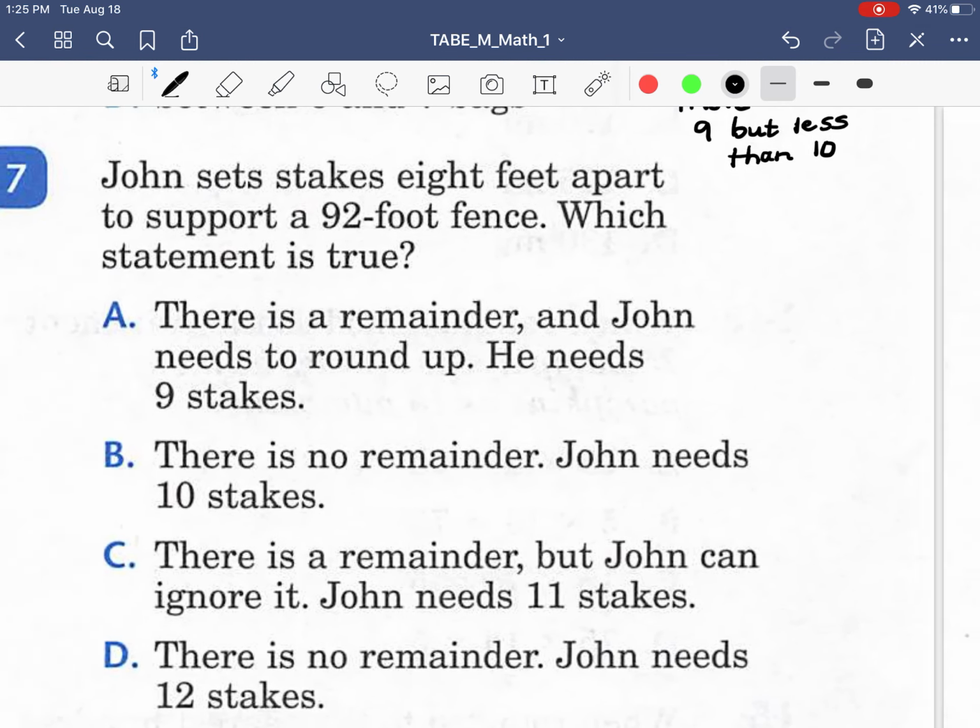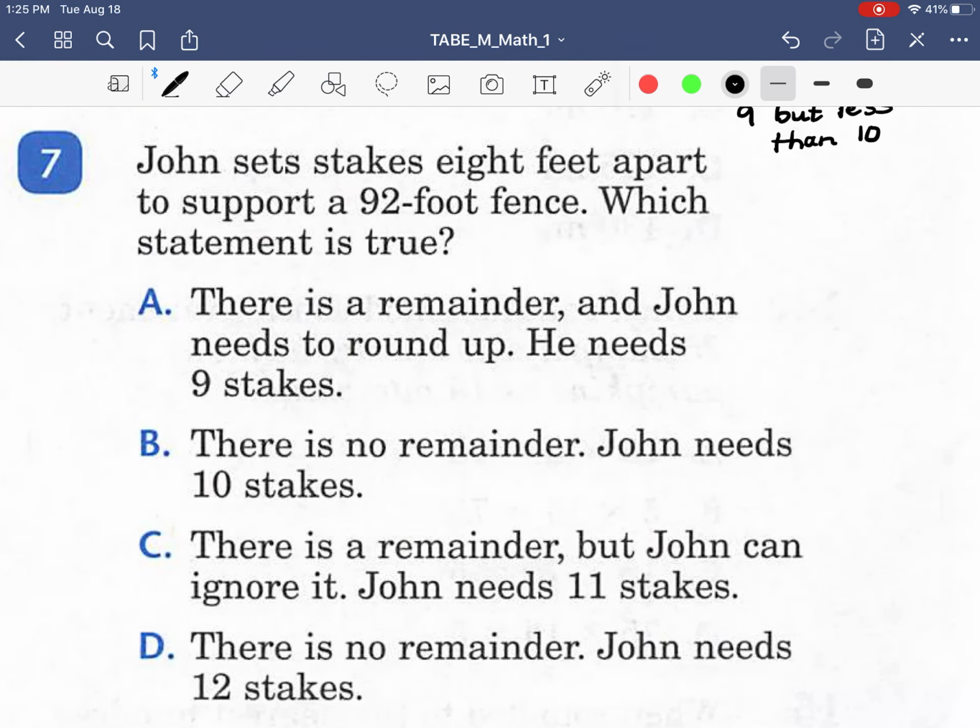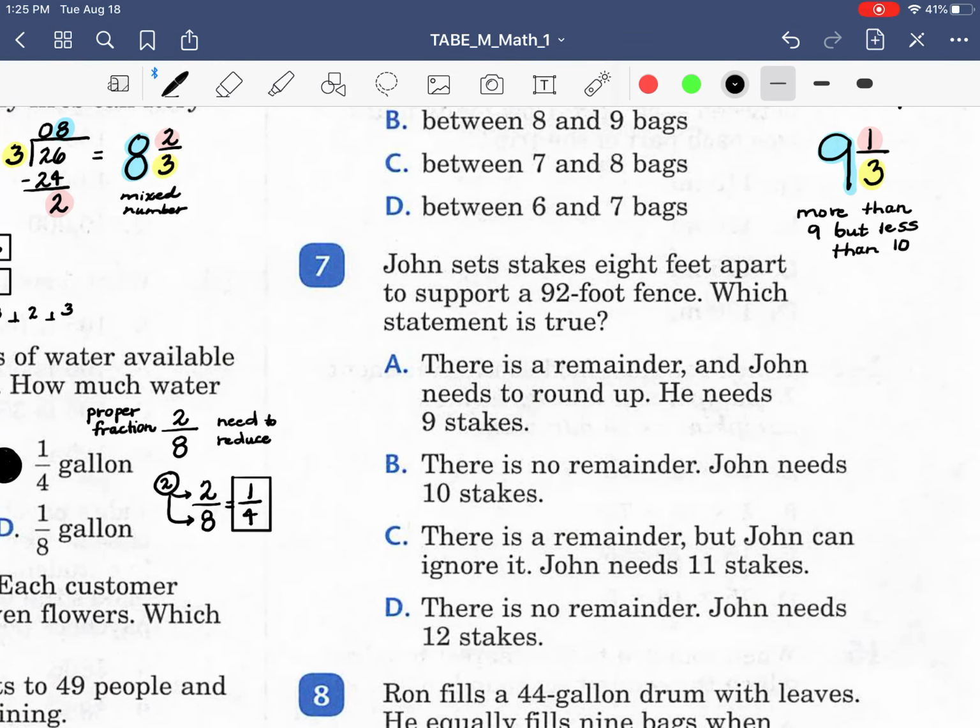Alrighty, number 7. John sets stakes 8 feet apart to support a 92-foot fence. Which statement is true? So we know that he has a 92-foot fence. He's staking it 8 feet apart. So let's turn that into a long division problem.